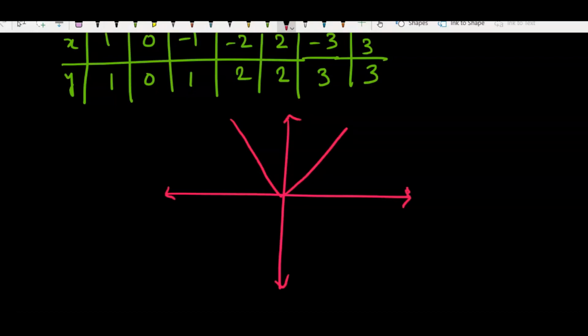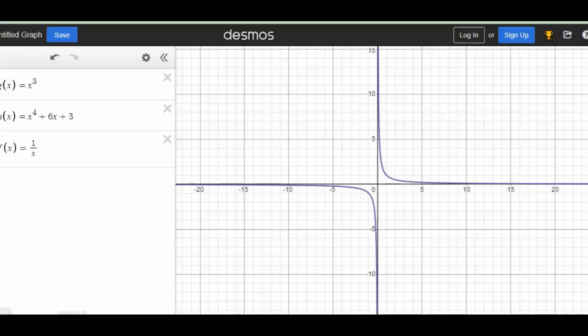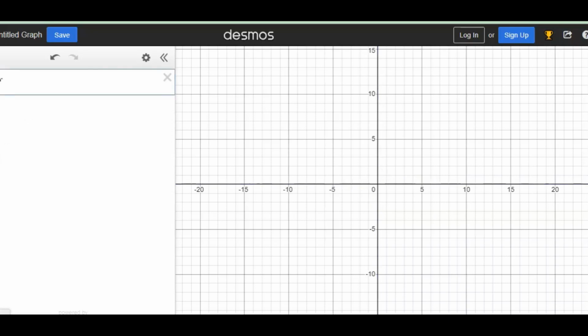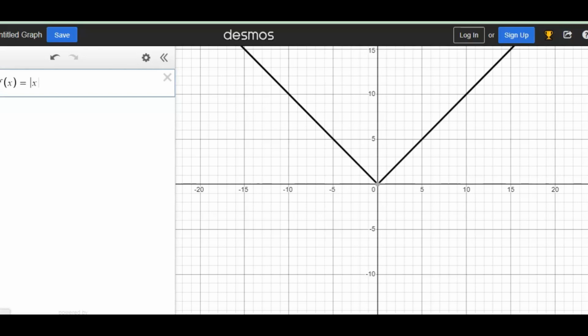This is the graph of the absolute function. Let's try to draw this in Desmos. So f(x) equal to mod x, you see we get a V-like shape.